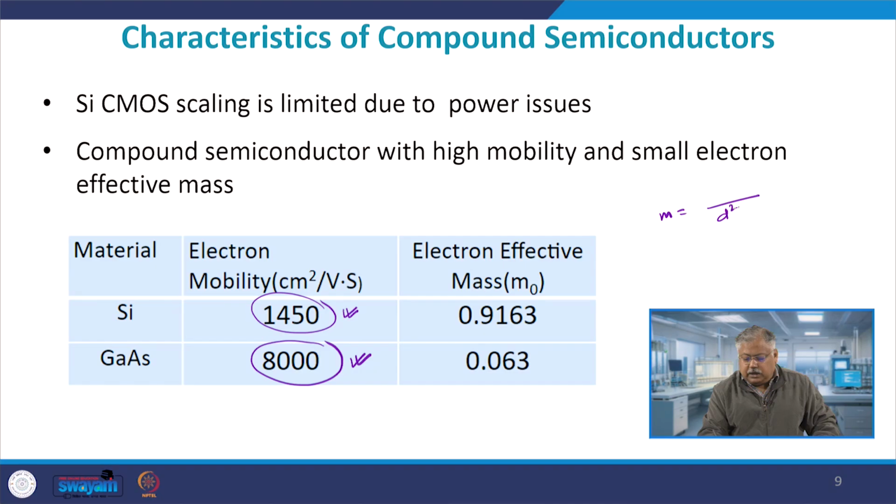For gallium arsenide, its mobility is 8,000, whereas the mobility for silicon is around 1500 centimeter square per volt second, and that comes directly from the effective mass. Effective mass is given by, if you remember very carefully, d2E/dk2. This comes from this formula, and the steeper the curve, the lesser the effective mass.